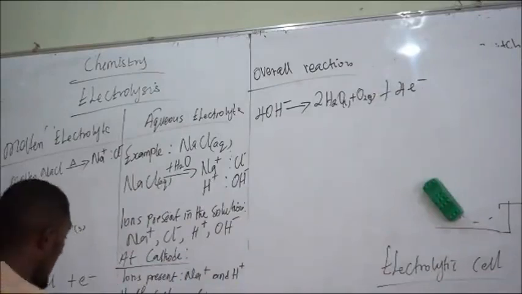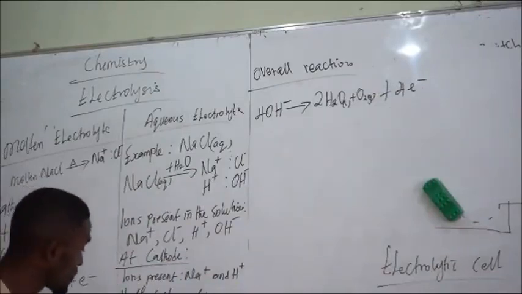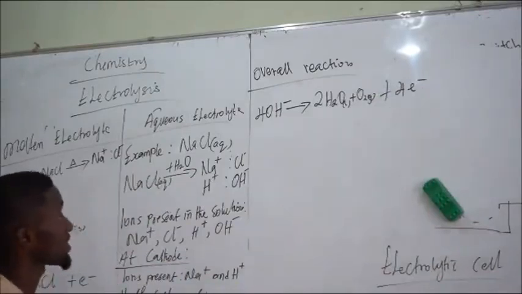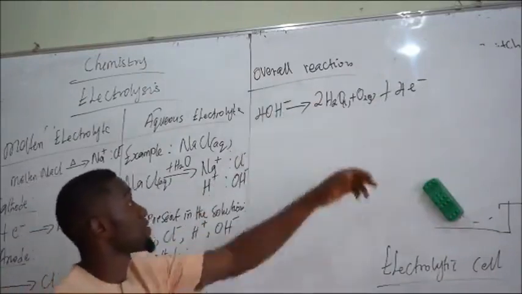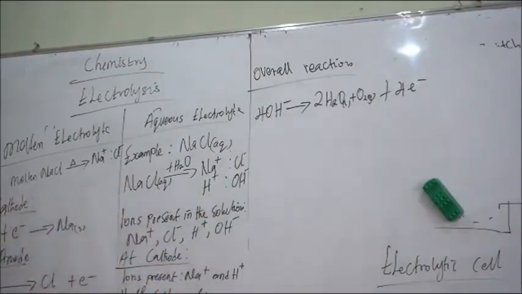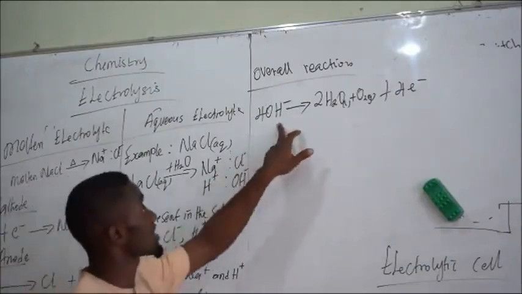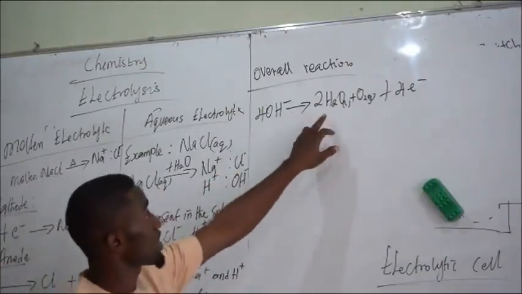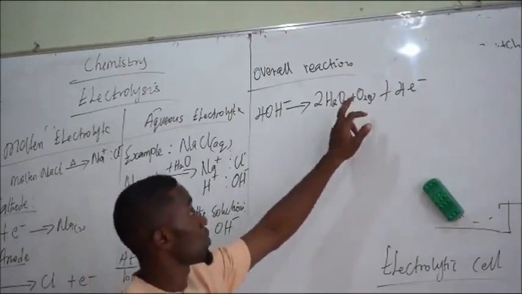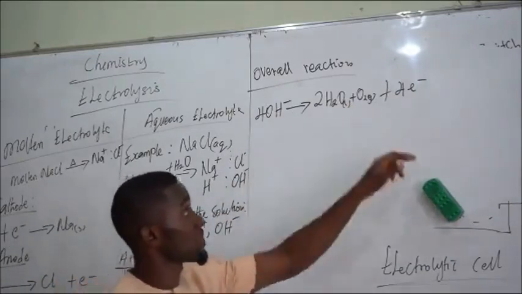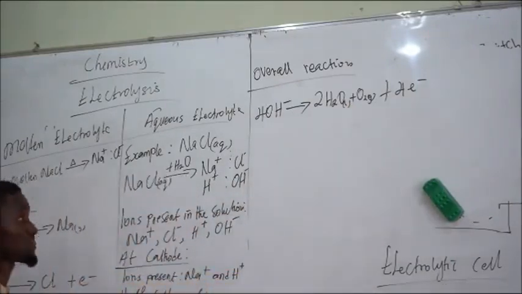So we have the hydroxyl ion that produces water and oxygen gas. So the overall reaction that happens at the anode is 4 molecules of hydroxyl ion producing 2 molecules of water, 1 molecule of oxygen gas, then plus 4 electrons.